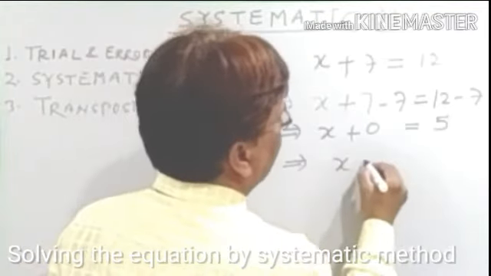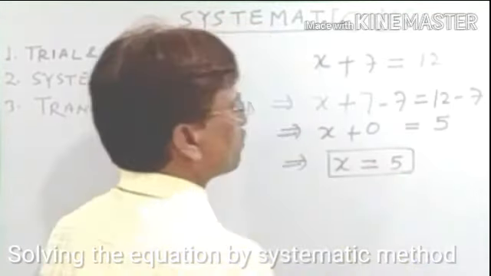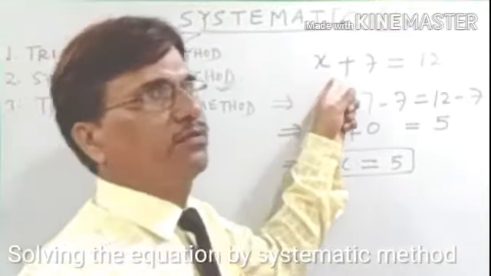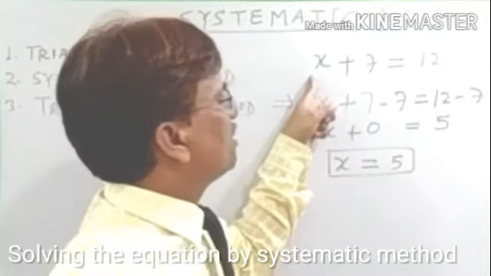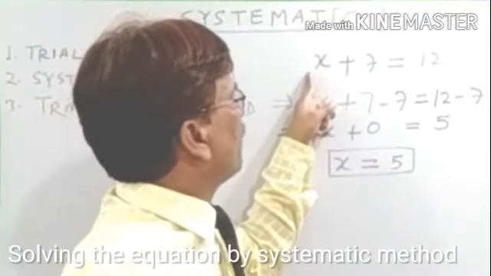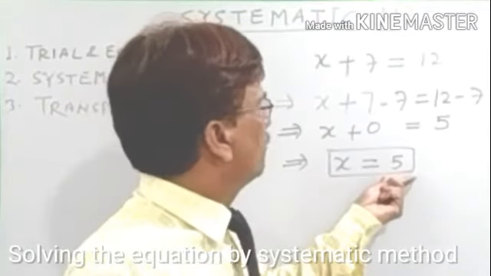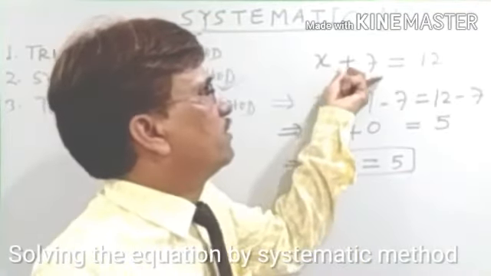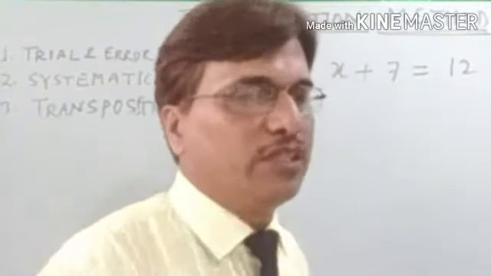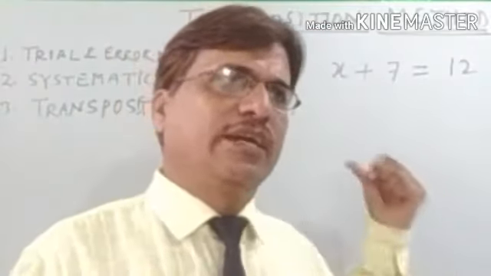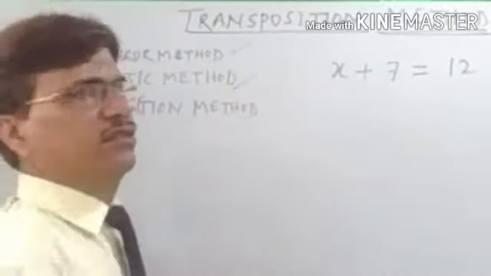So we get x is equal to 5. x is equal to 5 is the solution of the given equation. If we put 5 in place of x, you can see 5 plus 7 is equal to 12. So 5 satisfies this equation. You have learned how to solve the linear equation by trial and error method, then systematic method.